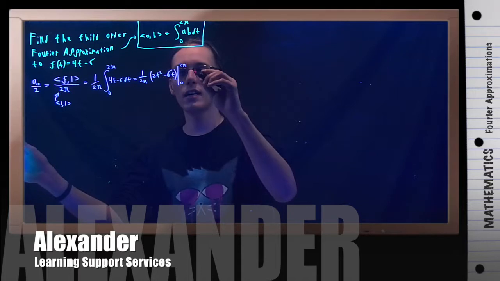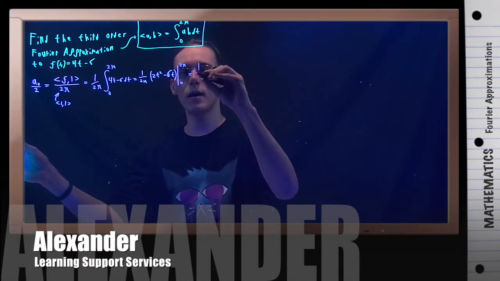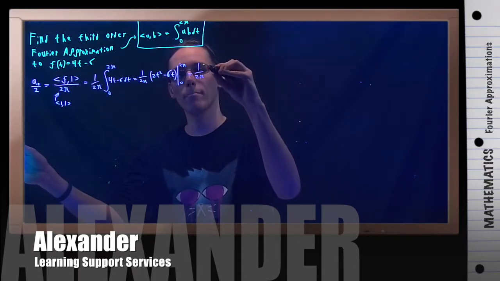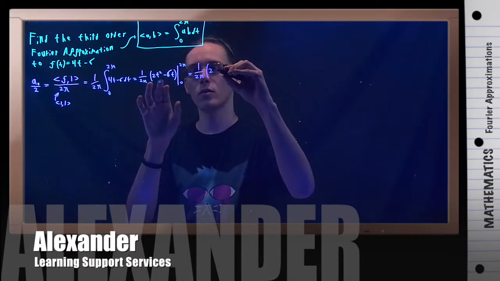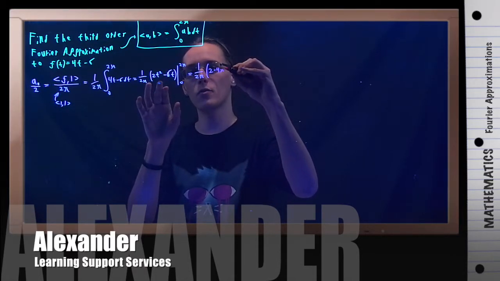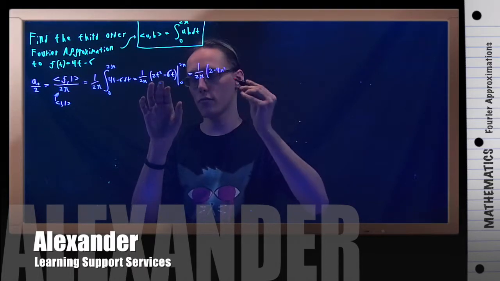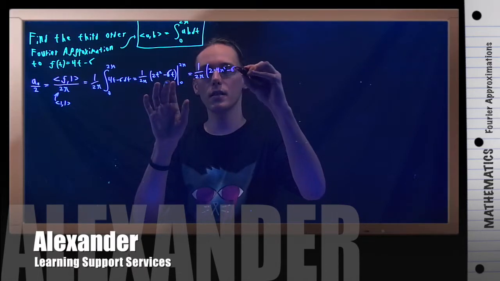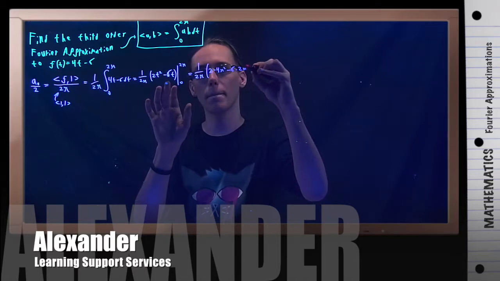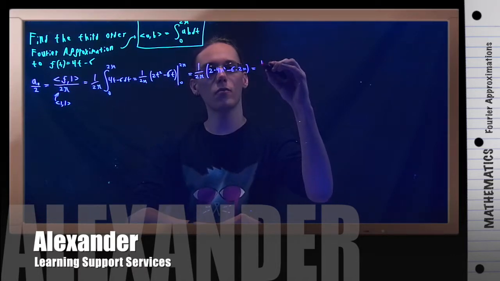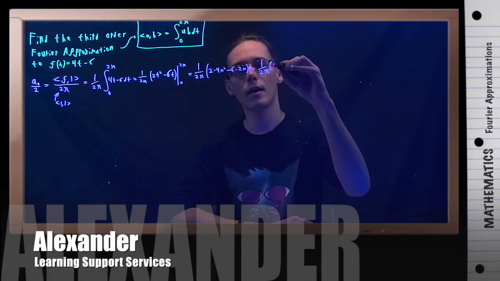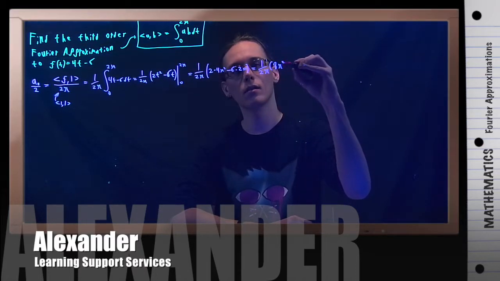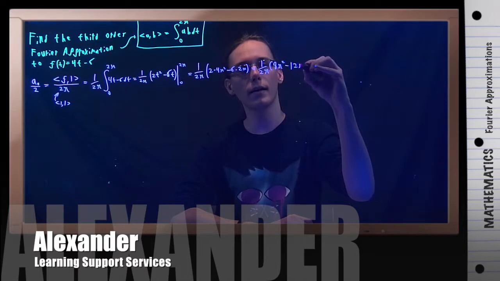So now if I plug in my values, I have 1 over 2 pi times 2 times 4 pi squared. If I plug in 2 pi and square it, I get 4 pi squared, minus 6 times 2 pi. So this gives me 1 over 2 pi, 8 pi squared minus 12 pi.